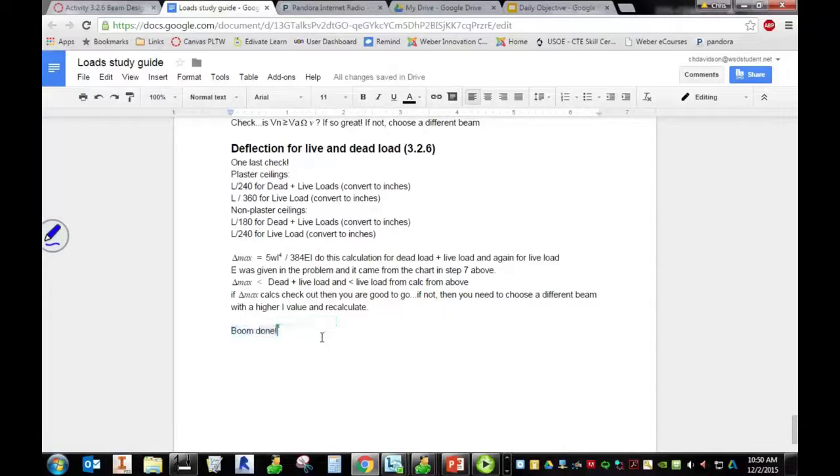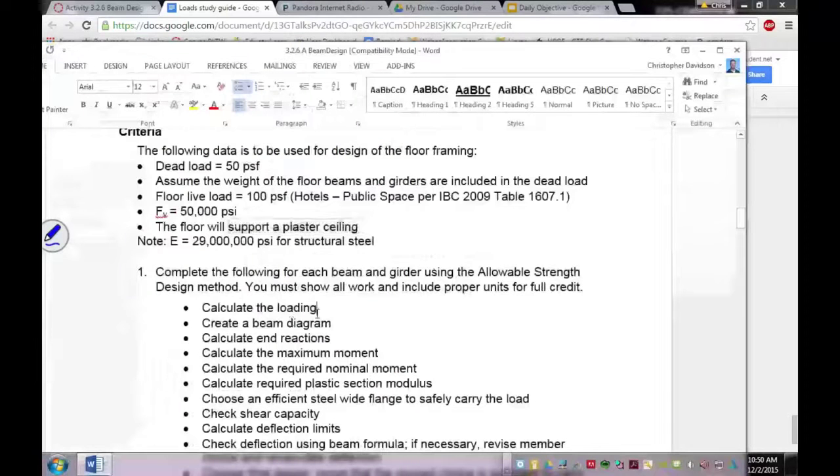So you're done. Now that's assuming, one more time, you did the dead load and live load, and then this calculation again for live load only. Let me talk about that real quick. Live load only, notice way back in the problem, they give it to us right here: live load, 100 PSF times our tributary width, that was our live load.